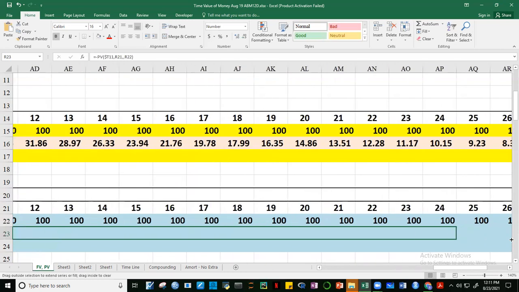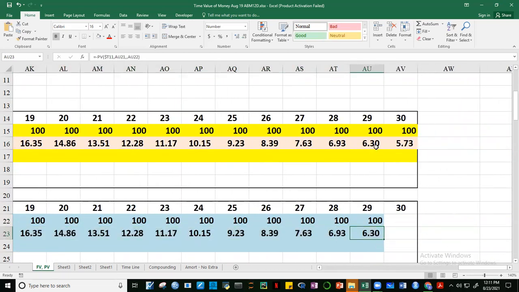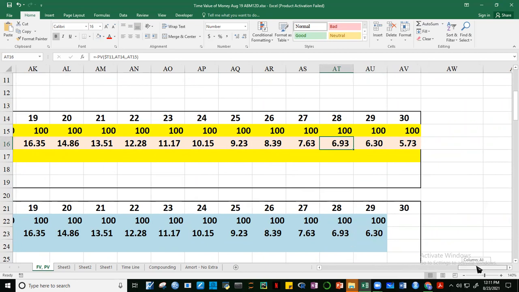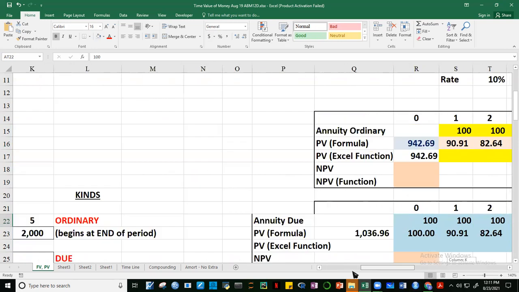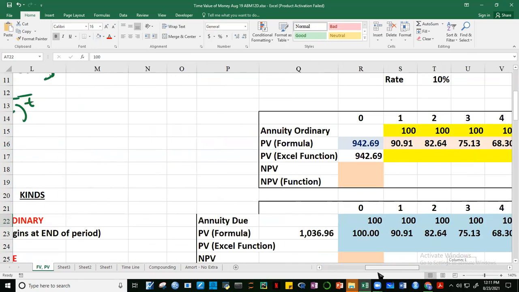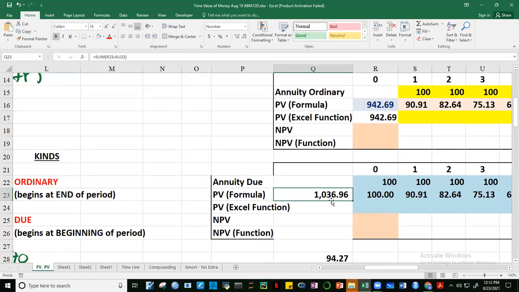Okay, if I copy this to the right hanggang year 29, so 6.3, which is the same, no? 6.3, 6.3. Okay, 6.93. So pareho sila mga future na mga present value. Kasi pareho lang naman yung cash, tsaka pareho yung interest rate na 10%. Okay, so if we now add this, tingnan nyo guys, mas malaki yung present value ni annuity ordinary kasi nga dito immediately may 100 tayo.